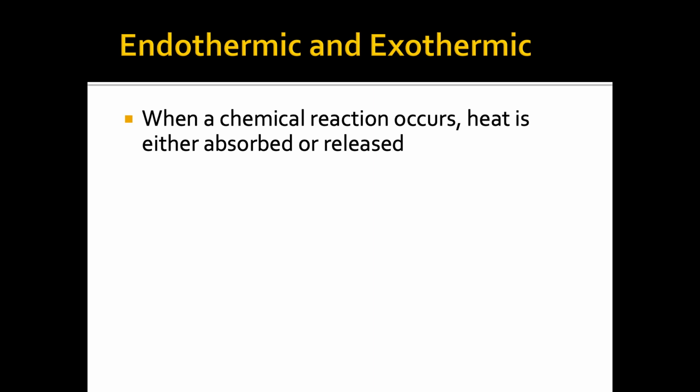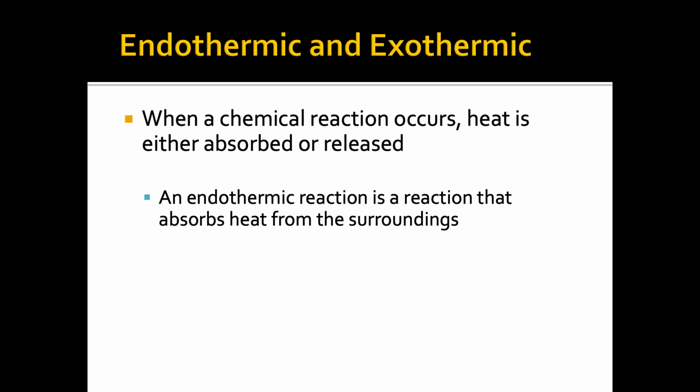And so we have some terminology to describe reactions that either give off or absorb heat when they take place, endothermic and exothermic. If something is endothermic, all that term really means is that that particular reaction is absorbing heat from the surroundings as it happens.